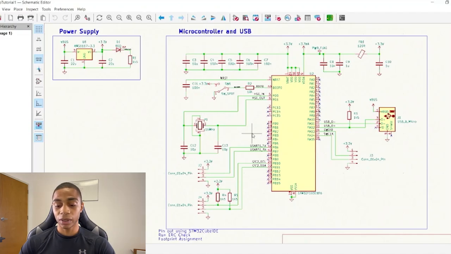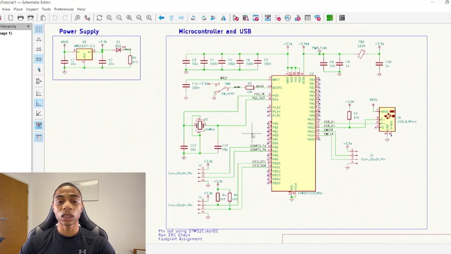So if we take a look up here next to our decoupling capacitors, we can see that we have nRESET, and nRESET is short for not reset, and not reset signifies an active low signal. So what this means is that when our not reset is pulled low, our microcontroller will go ahead and reset.